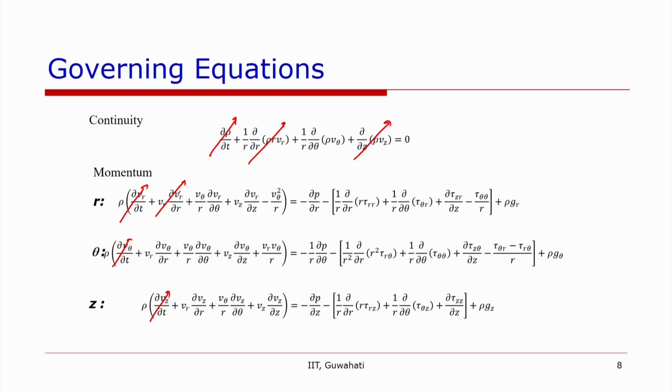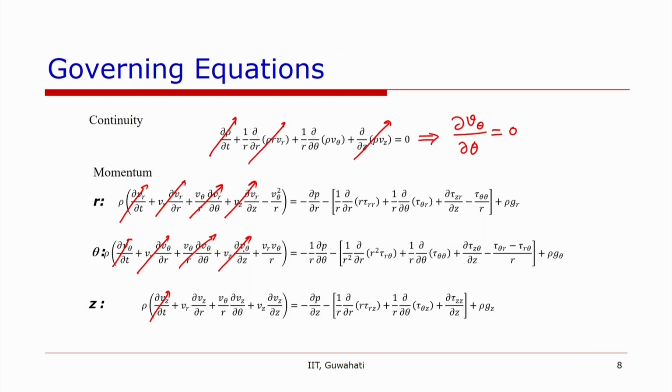So this term goes to 0, this is 0, this is 0, this is 0, this is 0, because del v theta over del theta is equal to 0, and from here we can see that del v theta over del theta is equal to 0. That means that v theta is not a function of theta.